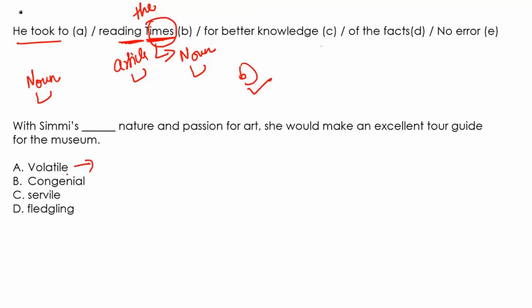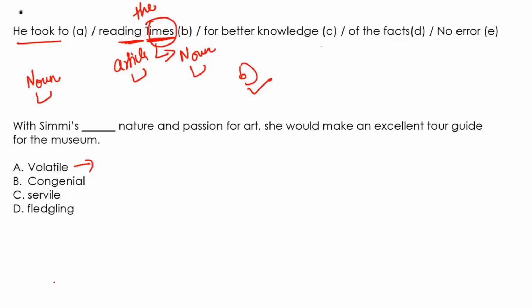Volatile means changing, जो change होता रहता हो. Uncertain, that is variable. See, a variable nature cannot make you good in something or passionate about something. So definitely volatile will not be the correct option.